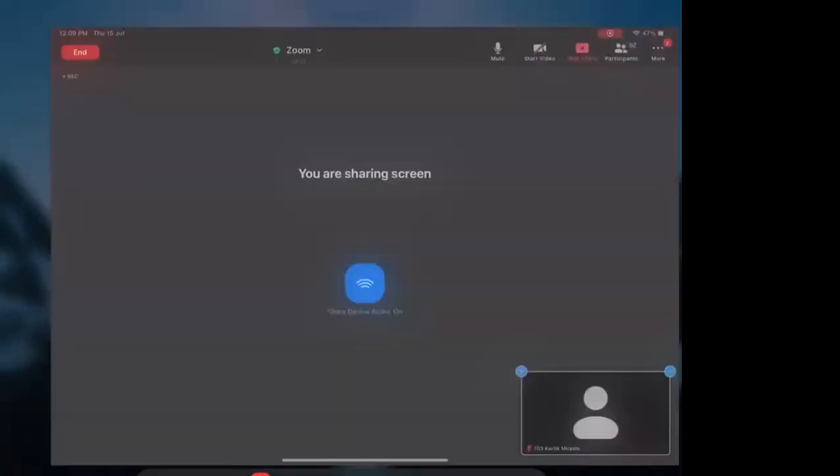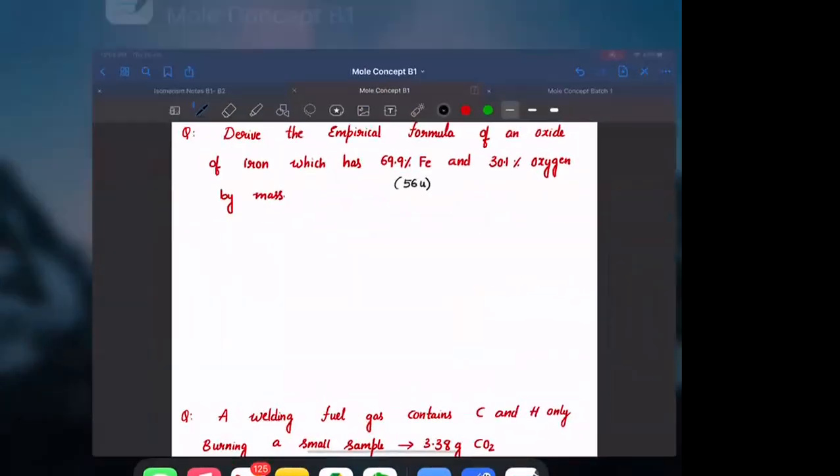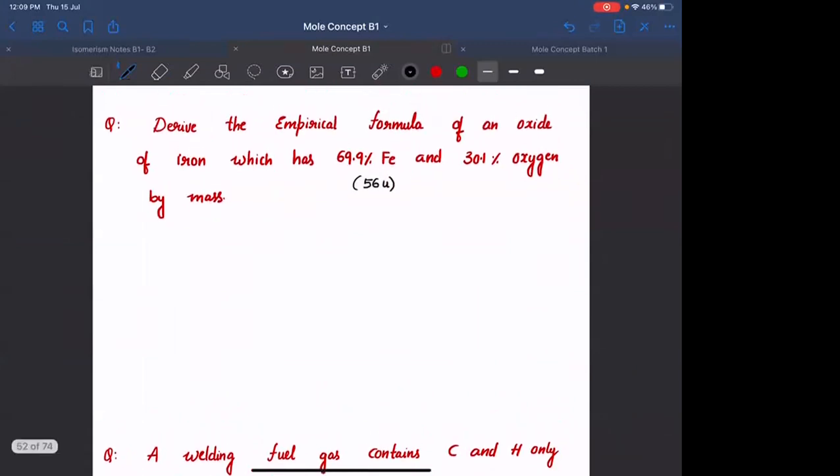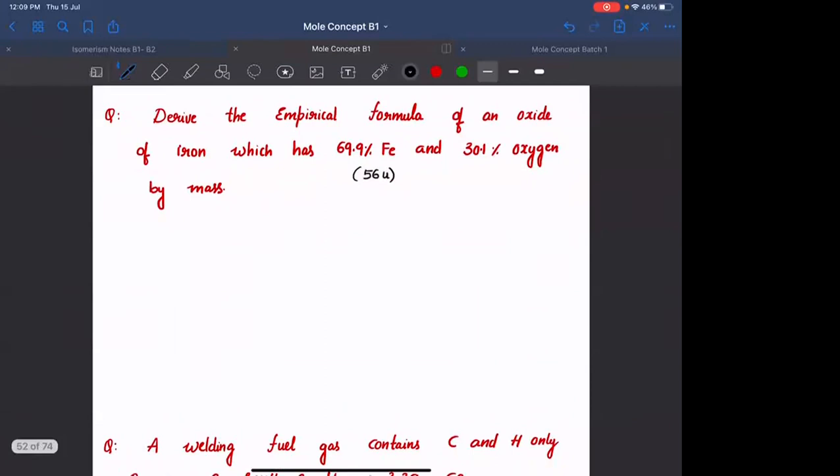So we'll take oxygen as an atom or as a molecule? Take the oxygen as atom only. Oxygen का mass दिया है ना?